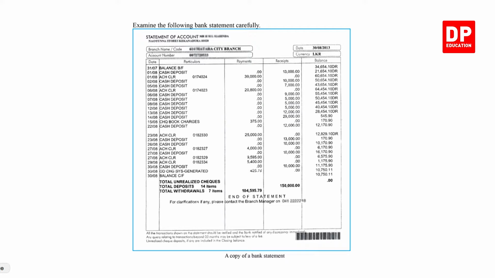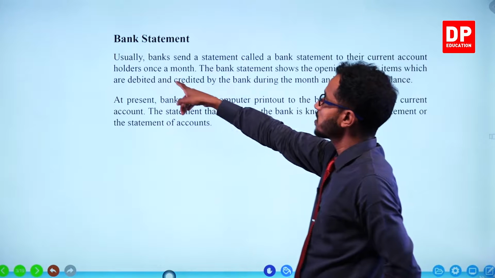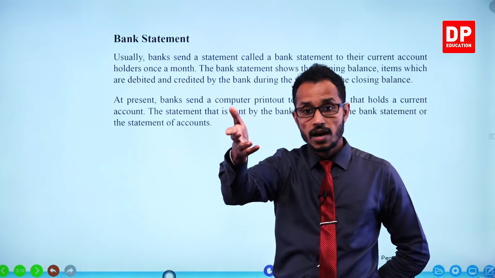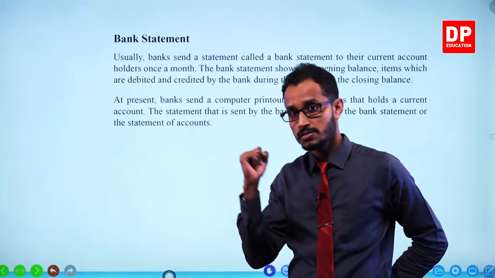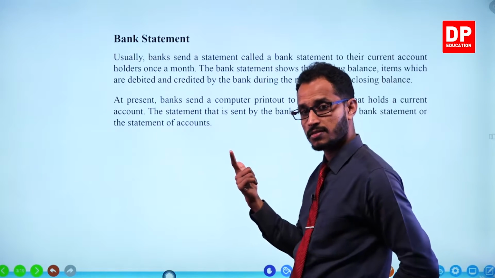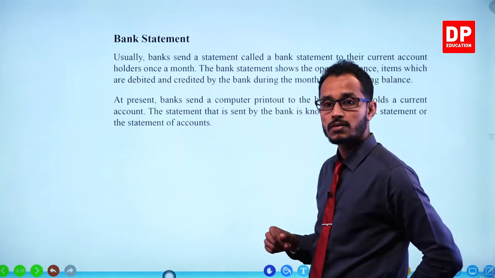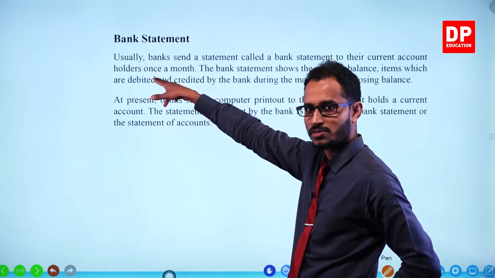This is a real bank statement. Let's read through the text, children. This is in your textbook, so you have access to look at this while I'm doing the lesson. Take out your textbooks. You have the textbooks, right?